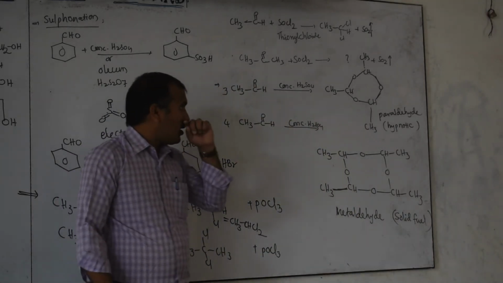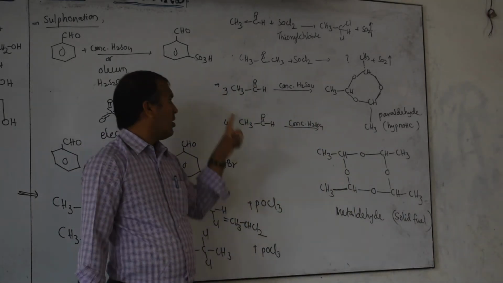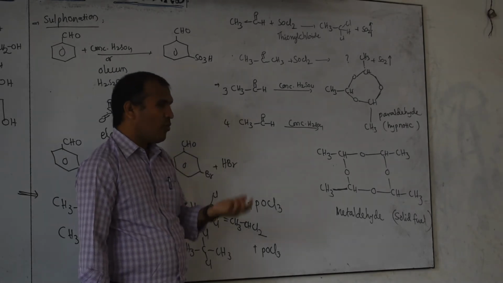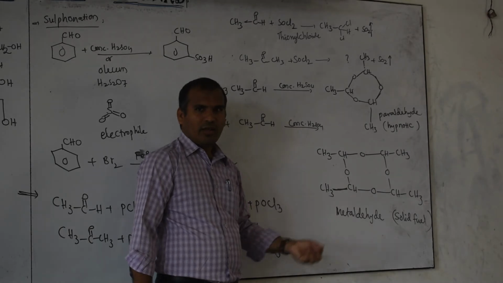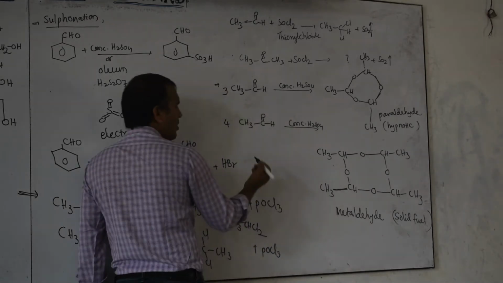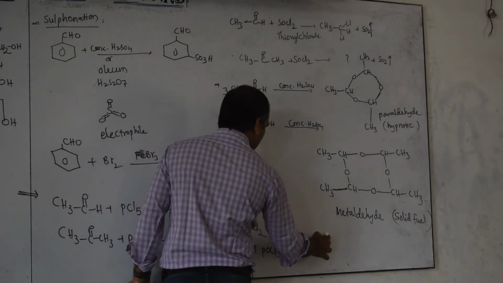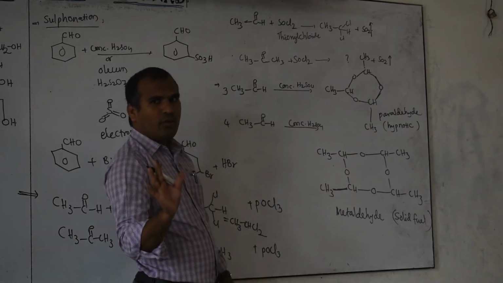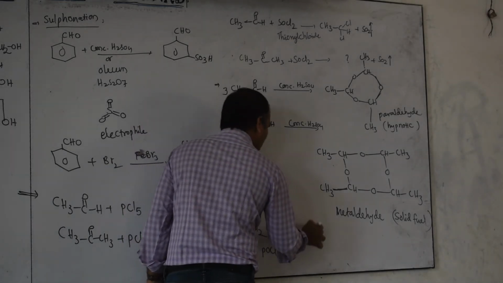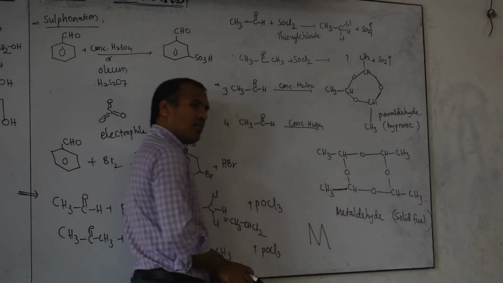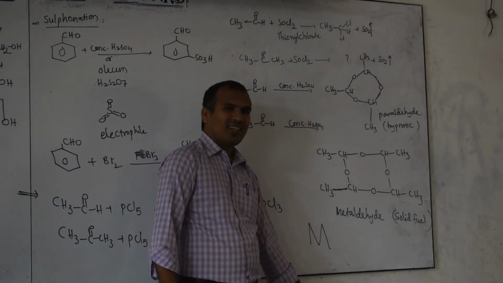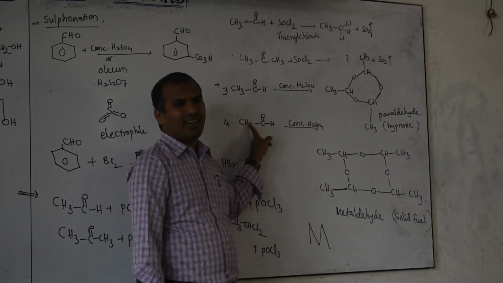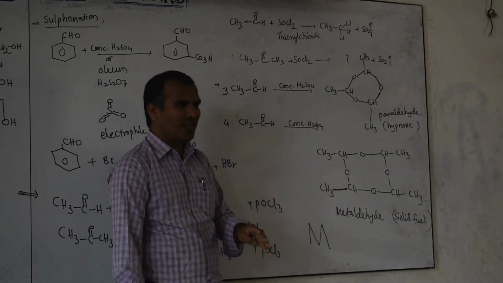But students generally confuse this. 3 moles form paraldehyde, 4 moles form metaldehyde. Okay? See, in metaldehyde, what should you remember? In M, how many lines are there? 1, 2, 3, 4 lines. So 4 moles participate. This is for remembering purposes, it is not actually in the textbook.